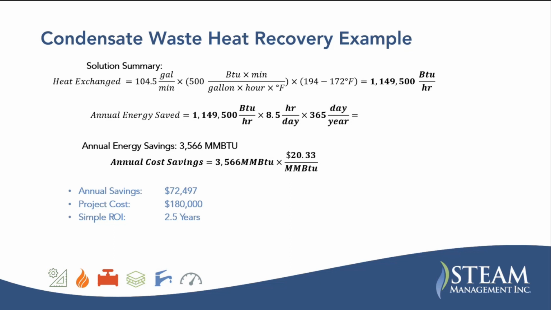This is a real project, and we're going to be commissioning this in a couple of weeks. Their cost for the steam is actually closer to $30 per million BTU now, so they're going to be over $100,000 in annual savings once the system is implemented.